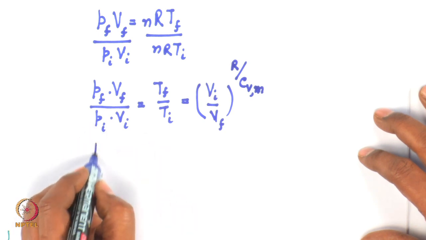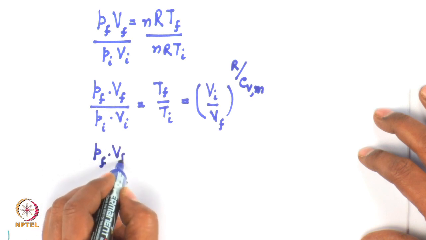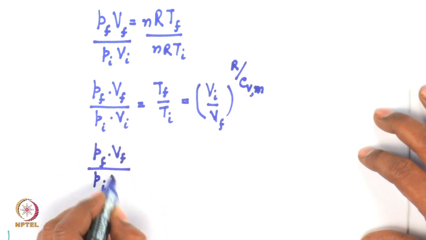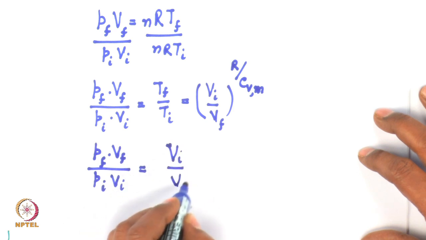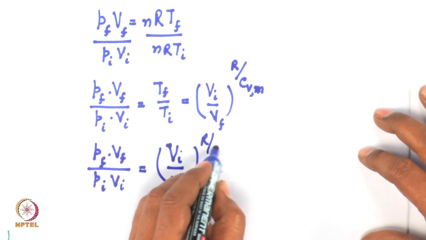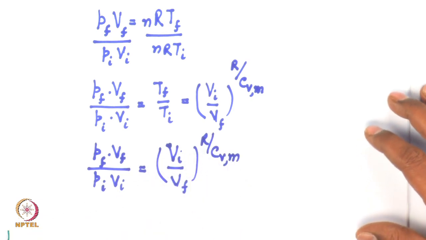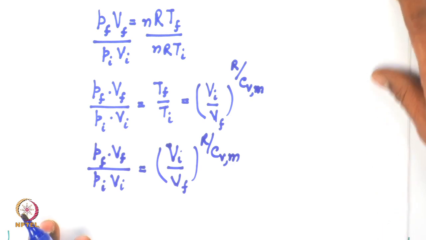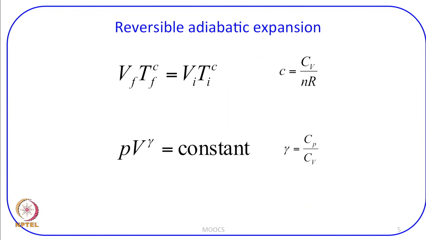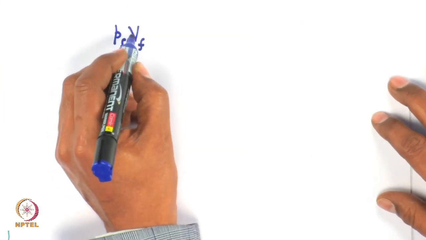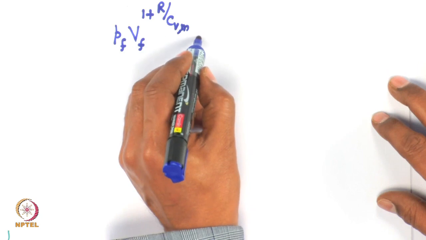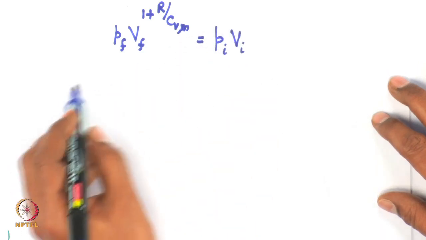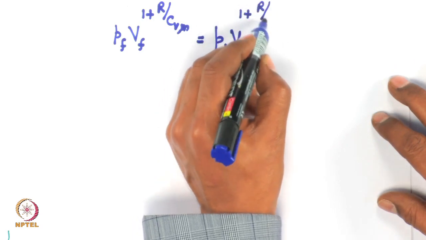Now, when I rearrange, P_f V_f over P_i V_i is equal to V_i by V_f raised to the power R by C_Vm. From here, I get P_f V_f raised to the power 1 plus R by C_Vm is equal to P_i V_i raised to the power 1 plus R by C_Vm.